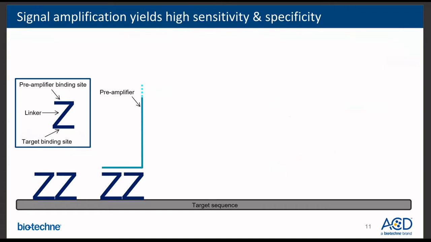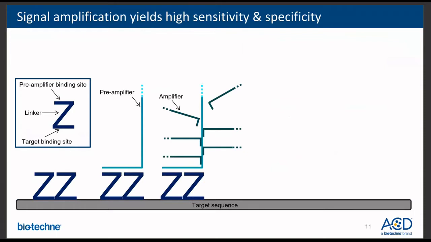So we have our stem right here, and what we like to call, in layman's terms, tree branches, which are our amplifiers. These amplifiers are sequentially hybridizing to assemble a branching complex at each ZZ binding site.